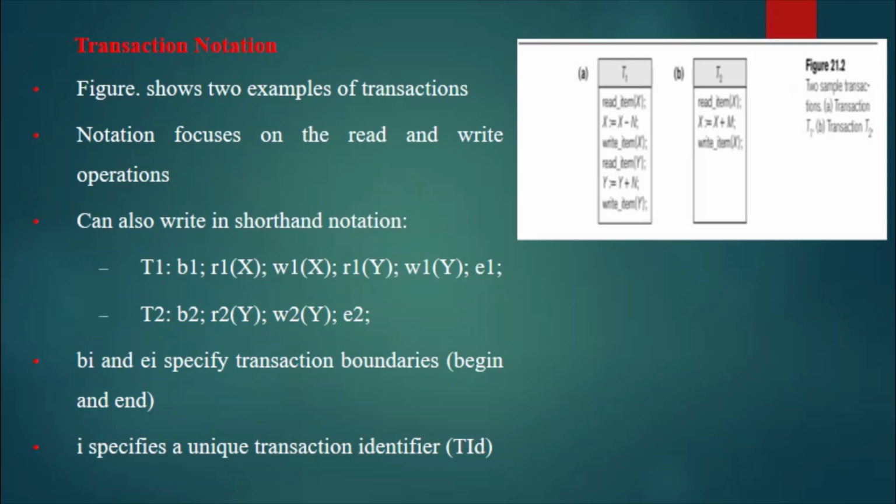Similarly, transaction T2 starts with B2, which indicates the beginning of the transaction, and then R2 reads the item of Y from the database, and W2 stands for write the item of Y. After completing the updating of the value or other operations, we store the value of Y into the database, and then we complete the execution with the command E2, that is end the transaction.